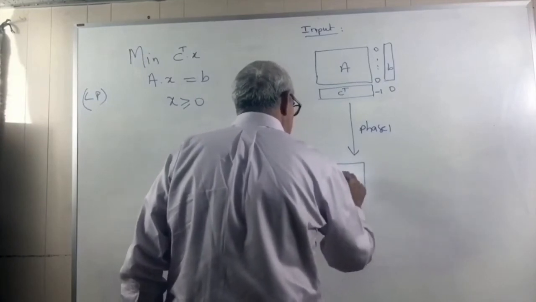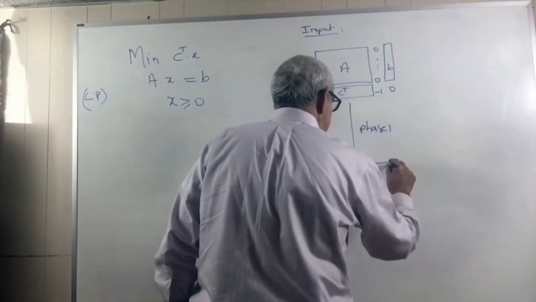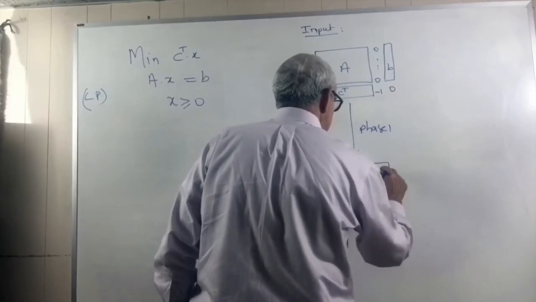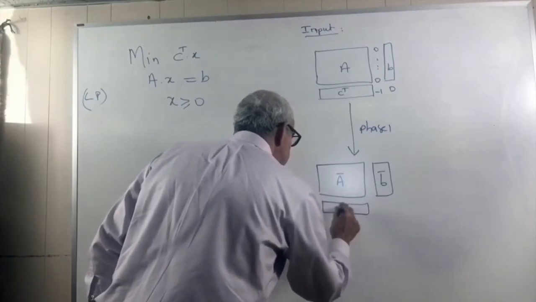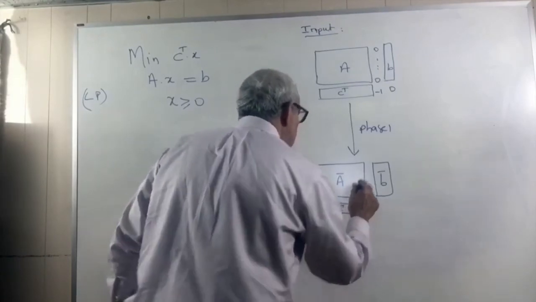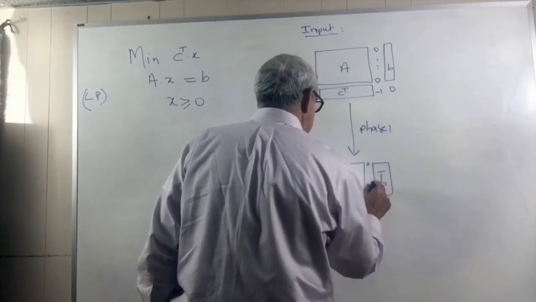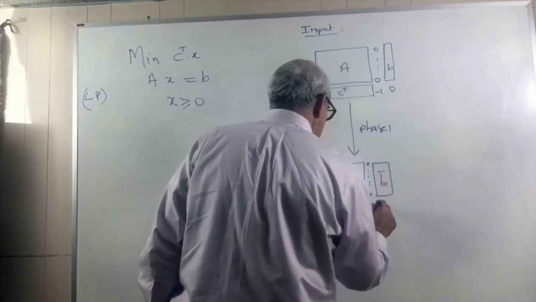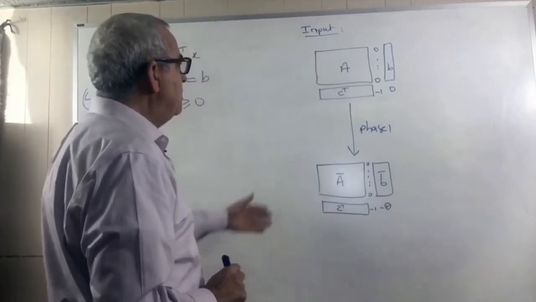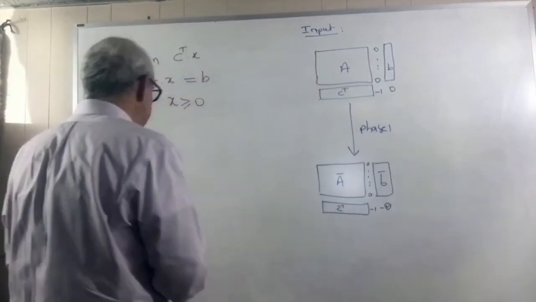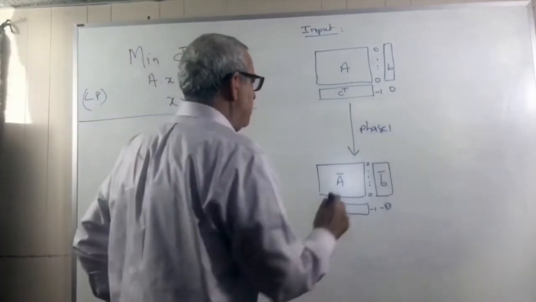So here I have A bar, and here I have B bar, and here I have C bar, and here I have the same Z, minus theta. It looks almost similar to that, except this is a simplex tableau.